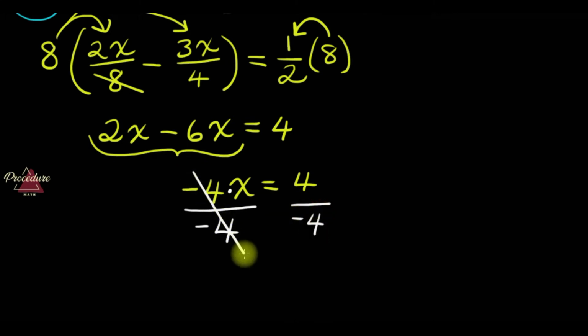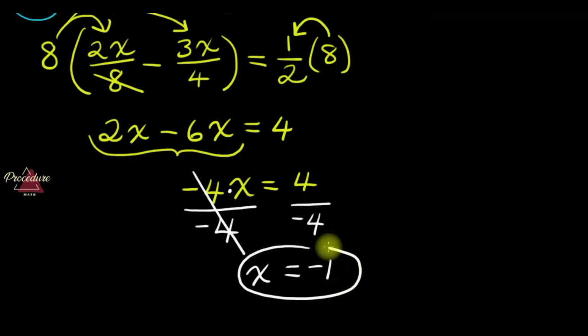Negative 4 over negative 4 is 1, so you're left with x. Here, 4 over negative 4 is negative 1. So we solved for x: x is negative 1.